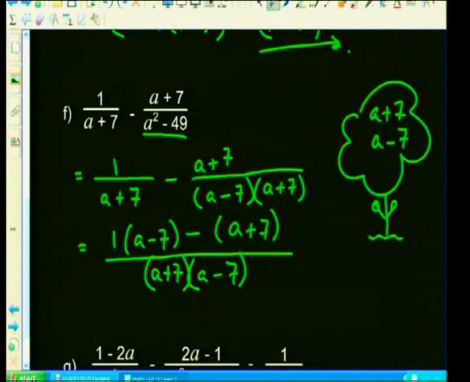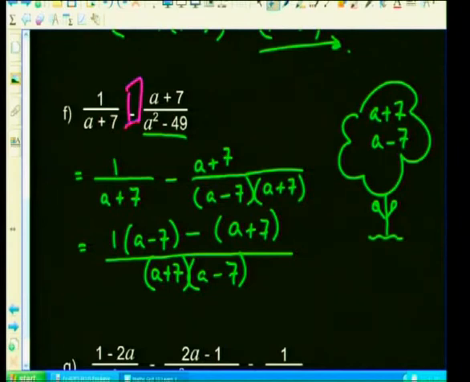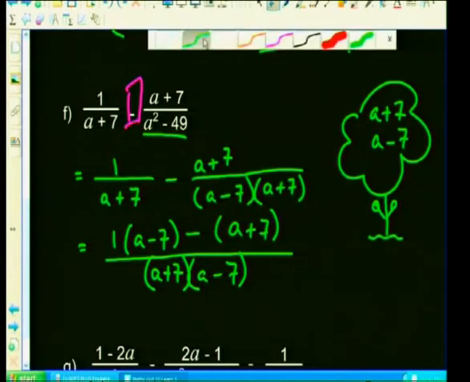Is there anything missing over here? No. Some of you are going to say to me, why did you put it in a bracket? And I'm going to say, watch out for minuses. Be careful. You're going to have to distribute those minuses.